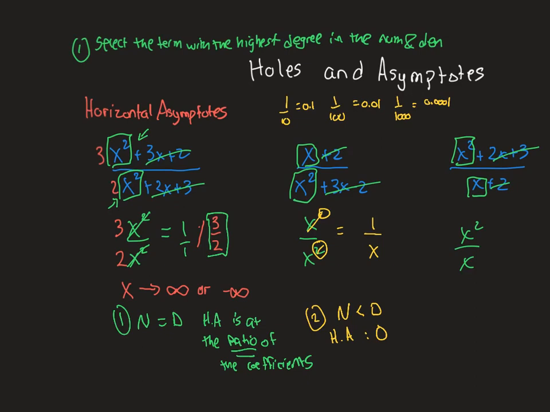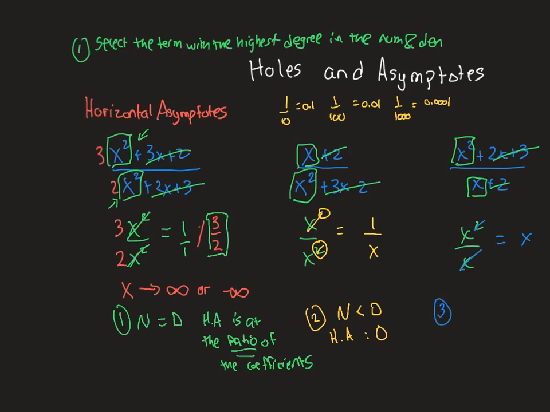And lastly, we'll look at what happened in this last case. And in this last case, you have x squared divided by x. Well, this x cancels out with one of these, so you're left with x. Now, as x goes towards infinity, so as x gets bigger and bigger and bigger, it doesn't really matter because there is no more fraction here. So because there's no more fraction, there is no horizontal asymptote.